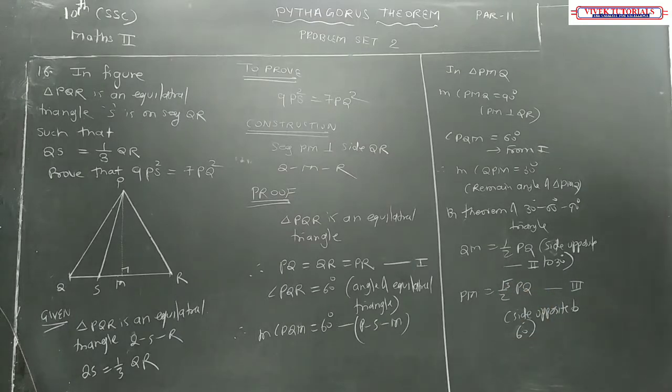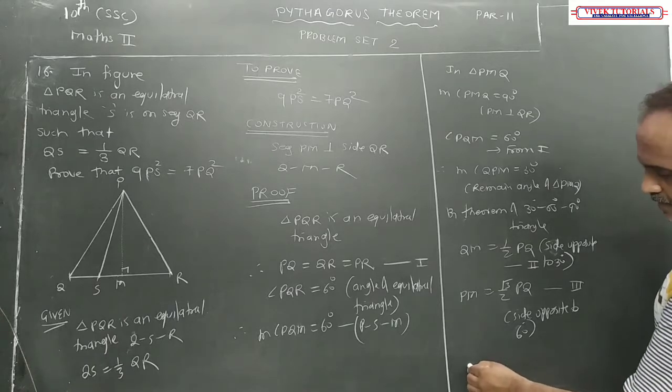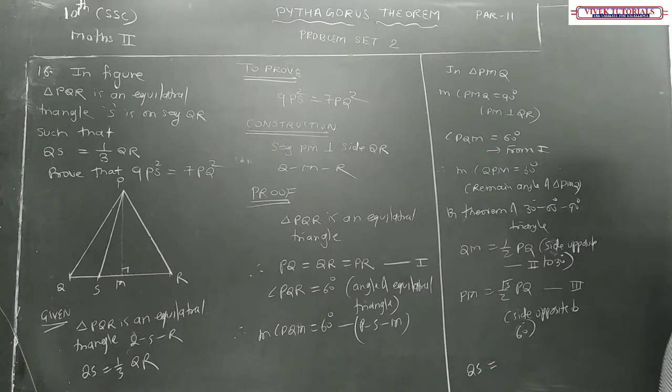This I will take as equation 2, this as equation 3. Now what they have given, they had given that QS is 1/3 of QR.